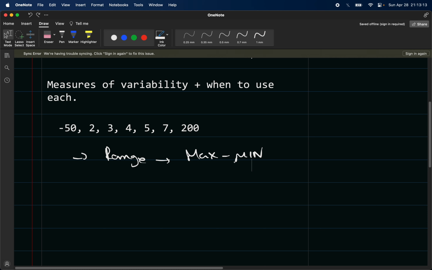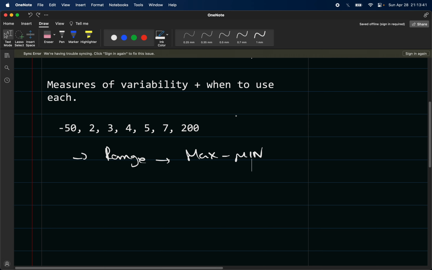Because the outliers are skewing it, not in both directions, but your tails on the distribution are way longer and stretched out more than they need to be, because the data might be closer together if these two outliers were not present, right? So you would not use the range again when you have outliers.